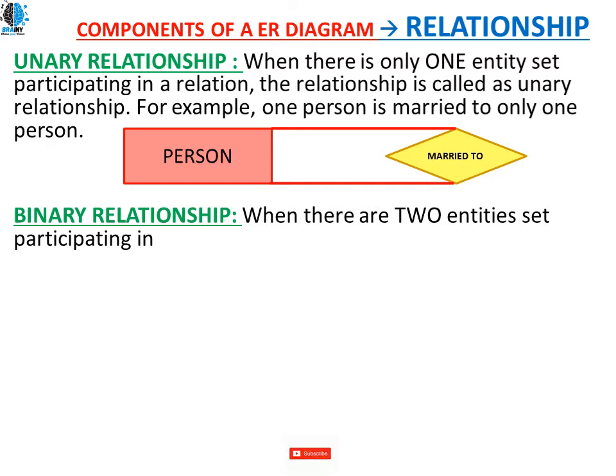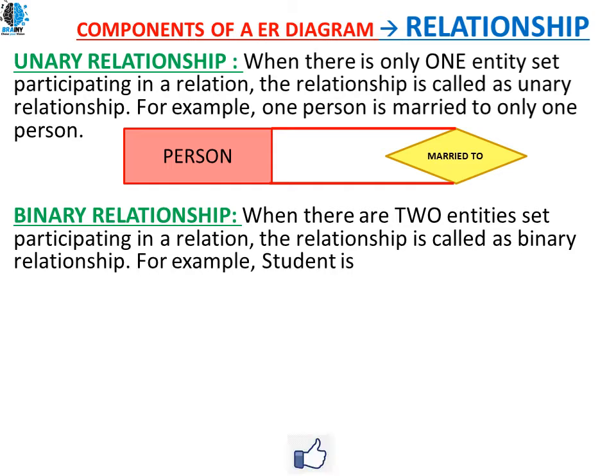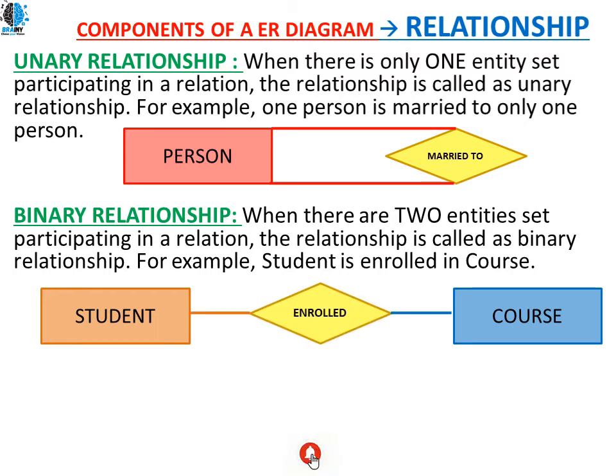When there are two entity sets participating in a relation, the relationship is called a binary relationship. For example, student enrolled in a course. So student is one entity, course is another entity. So these are two different entity types or sets.